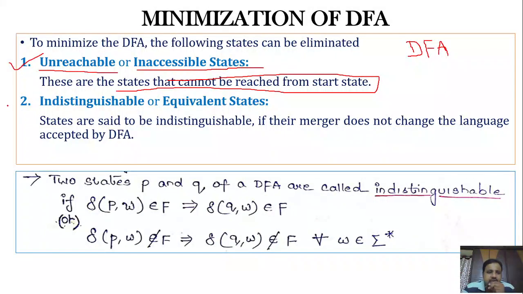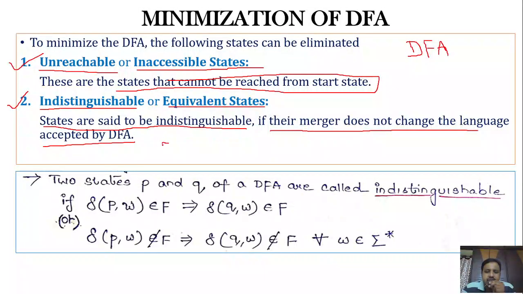Okay. Next one, identifying the indistinguishable or equivalent states. We have to identify the equivalent states in the DFA and merge them, and merging those states will not change the language accepted by the DFA. The states are said to be indistinguishable if their merger does not change the language accepted by the DFA.